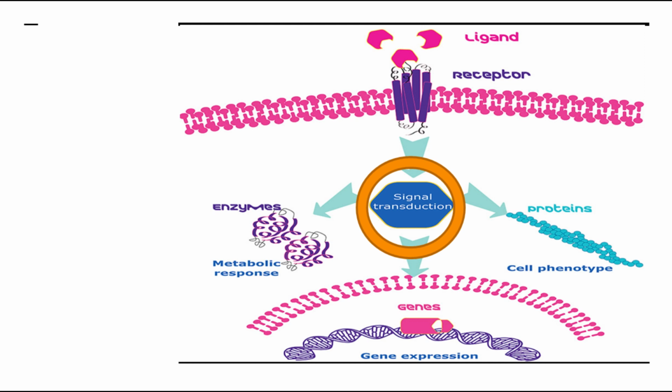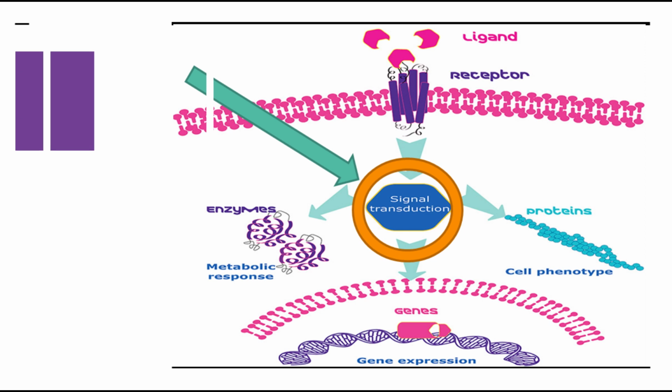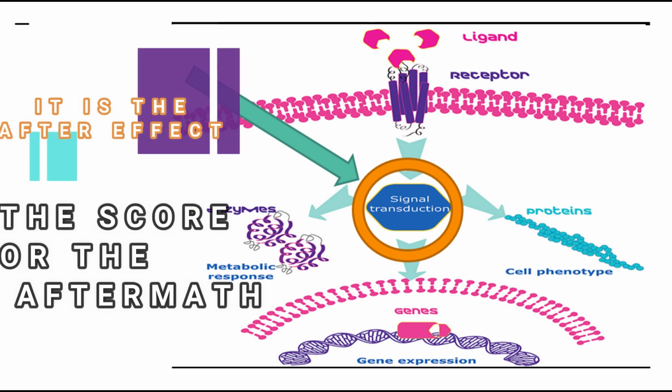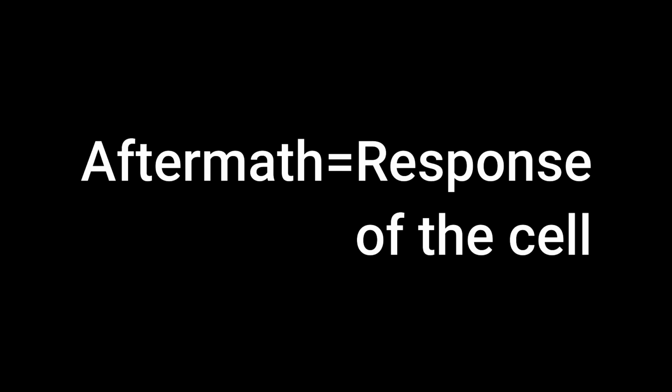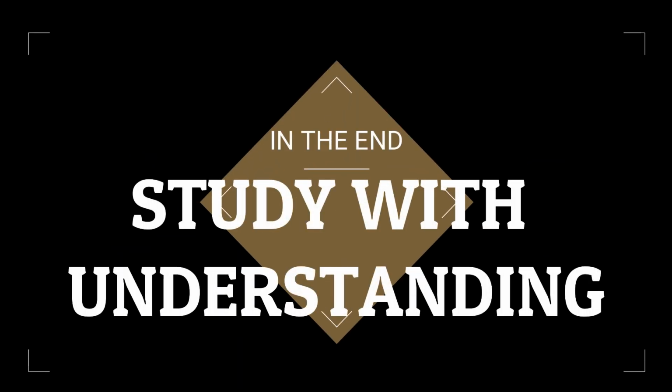So, that is technically the signal transduction, that is the after effect, and in the end, the score or the aftermath of whatever you have done is simply the response. Very easily stated, don't do weird things, study well.